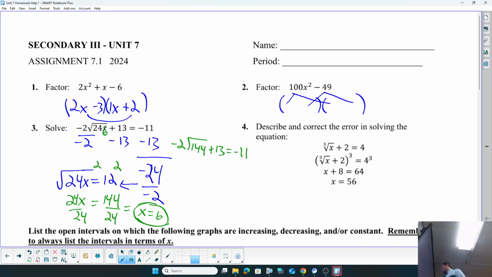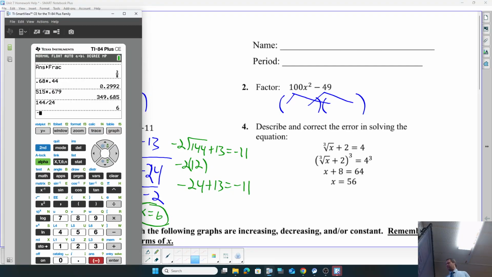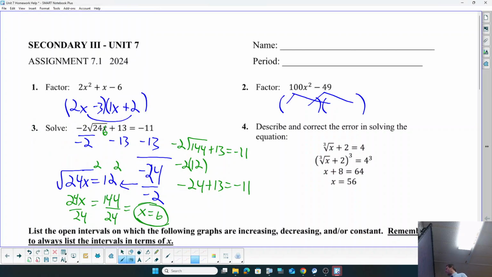And the square root of 144 is 12, so we have negative 2 times 12 is negative 24 plus 13. And what is negative 24 plus 13? Should be negative 11. Way-o! It works. So positive 6 is our answer there.